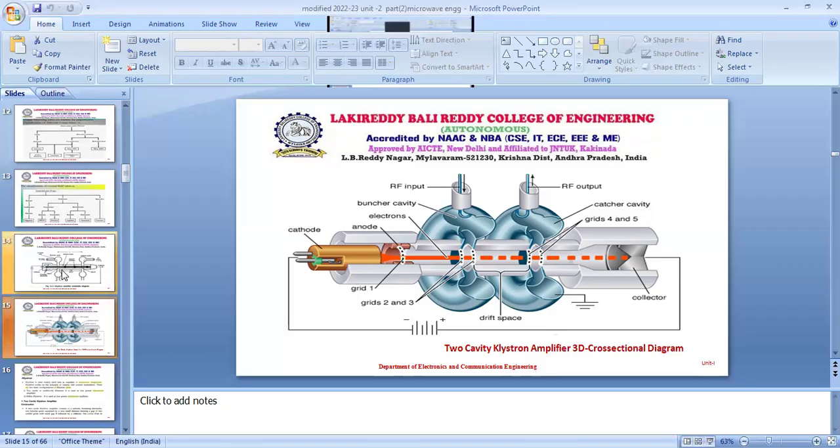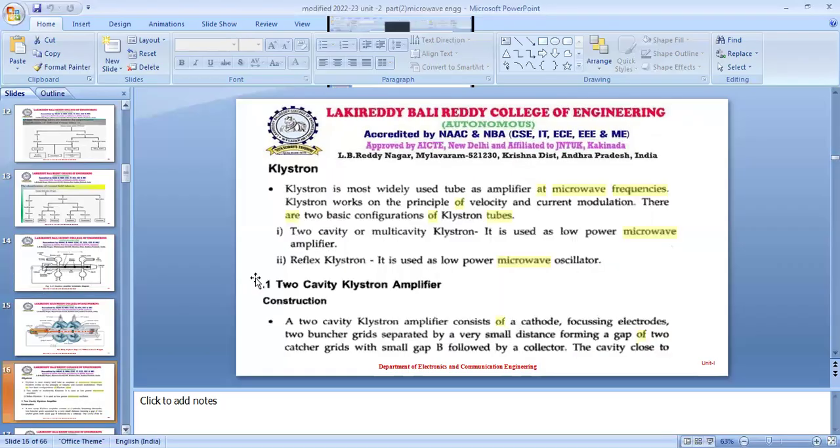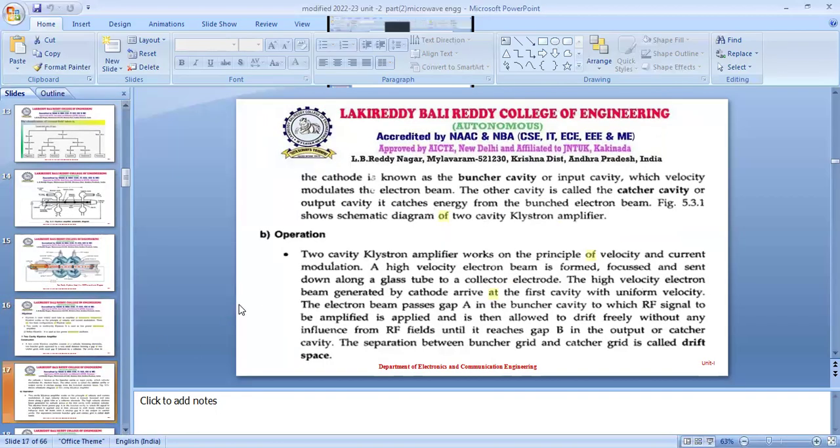Now see the principle of working of velocity modulation of the two cavity klystron. If the velocity of the carrier is going to increase, automatically the current I is also increased. Why? Because the instantaneous current I equals dq by dt.